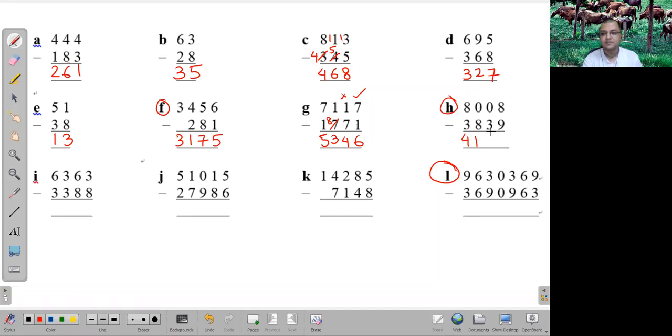Next. 10 minus 3 is equal to 7. Again, 10 minus 3 or 10 minus 4? Oh, 10 minus 4 is equal to 6. Yes. 18 minus 9 is equal to 9. Very good, excellent.